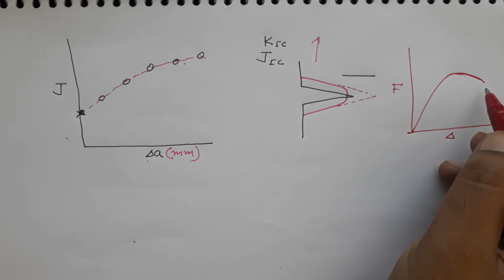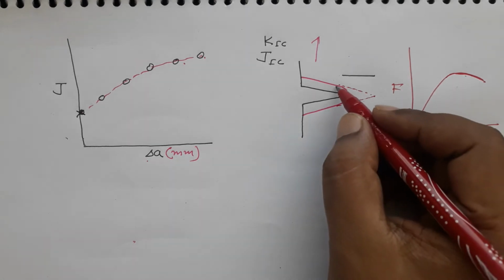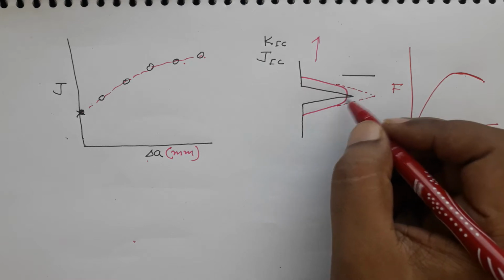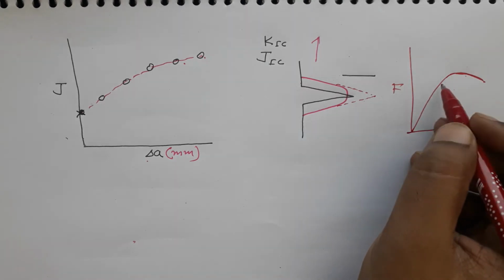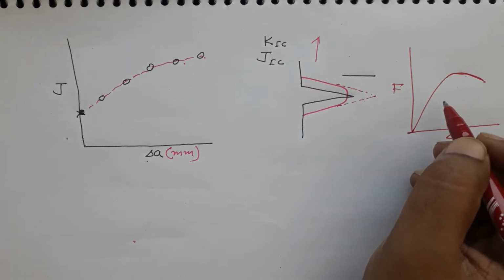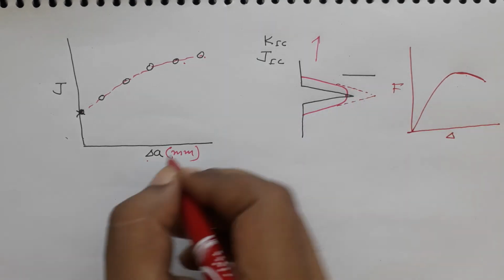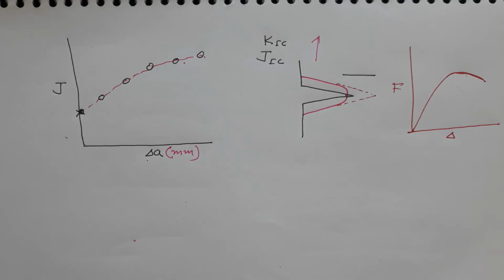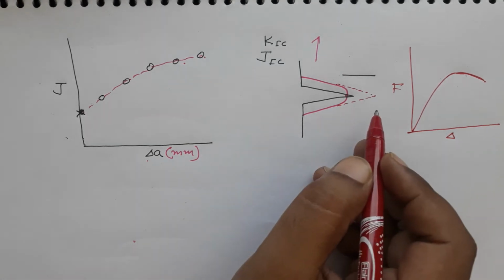Okay? So, to exclude this part, as it looks like there is a crack growth in the data, you don't want to take that as a crack growth, right? So, what you want to know is, you want to be sure where this blunting ends.